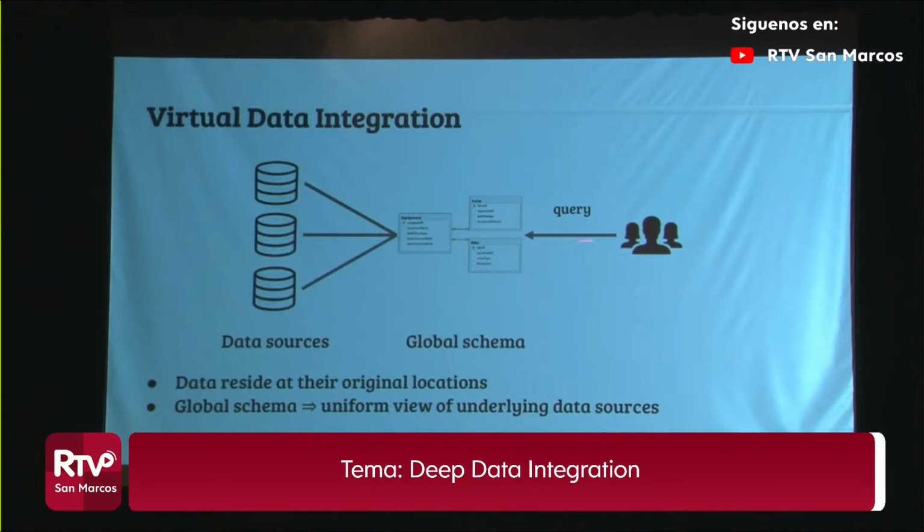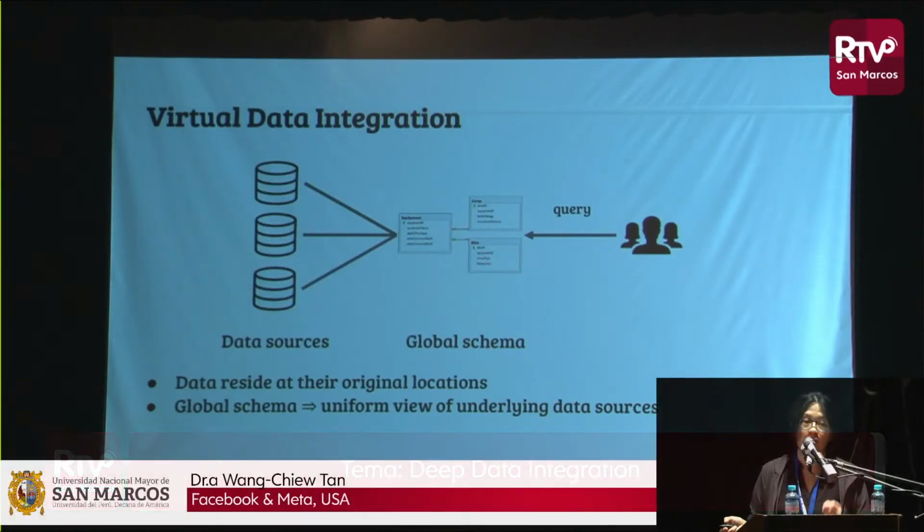When the user poses a query against this global schema, this query gets translated to possibly different queries against the different data sources. The results are obtained from each of these data sources and combined intelligently to form an answer to the user. So the user gets the perception that there is only one data source that she's dealing with.